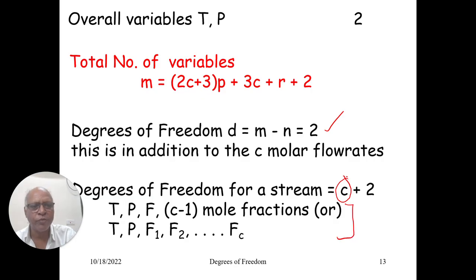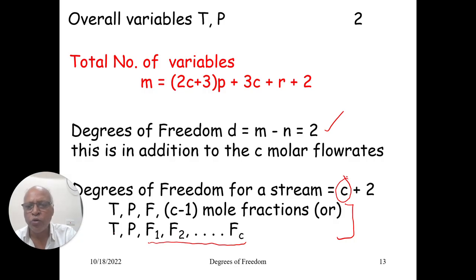So for example, if you have C components, define flow rate of each component, component 1 to component C, which are going to take into account the initial masses of each and every component. In addition to this, you can define temperature, pressure or vapor fraction. Out of these three variables, you need to select any two.